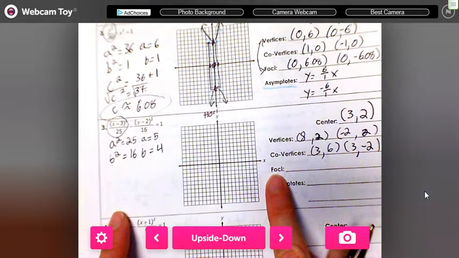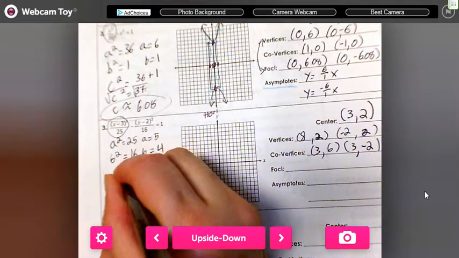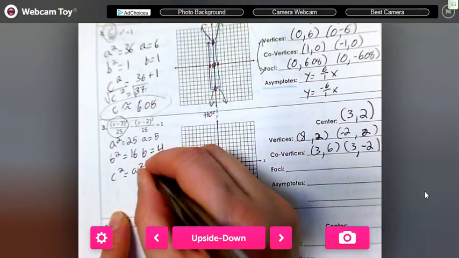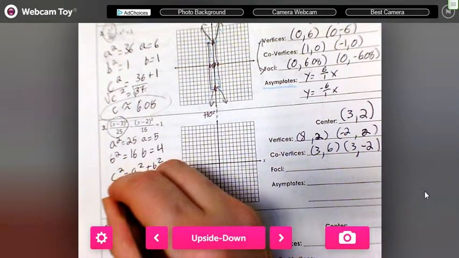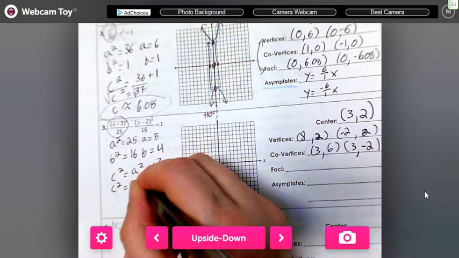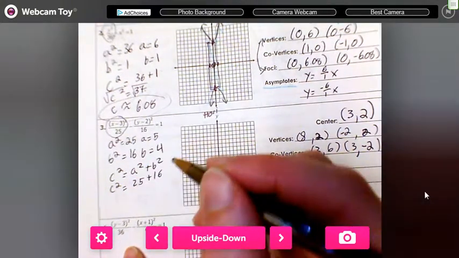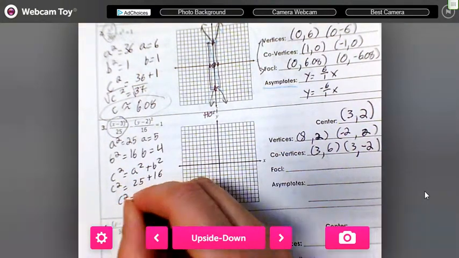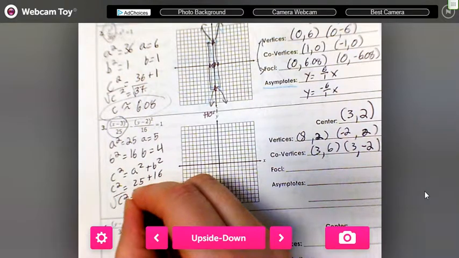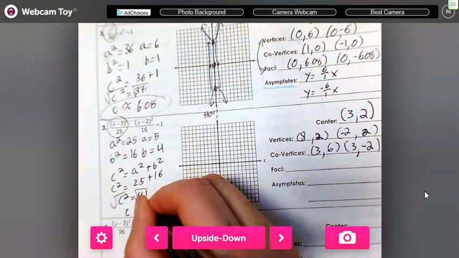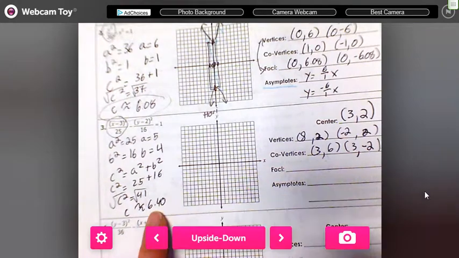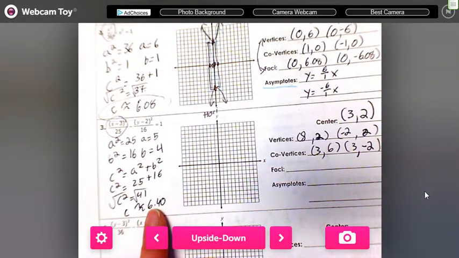Remember the focus points, we have to go c squared equals a squared plus b squared. So c squared equals 25 plus 16, which is 41. Square root both sides, and c is approximately 6.40. Remember that 6.40 is going to be added to what?